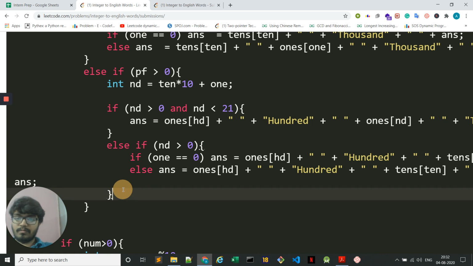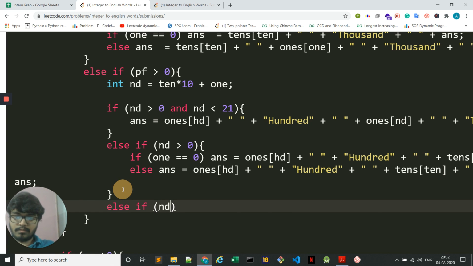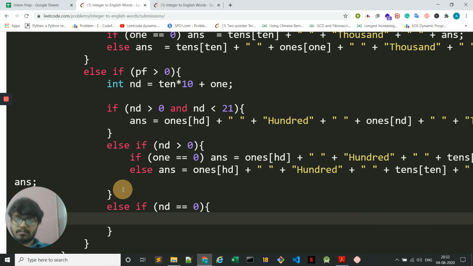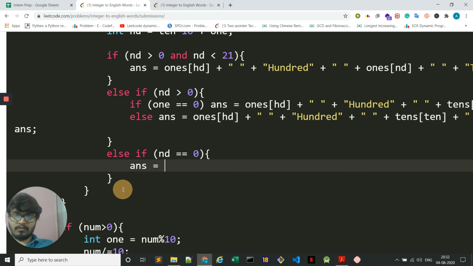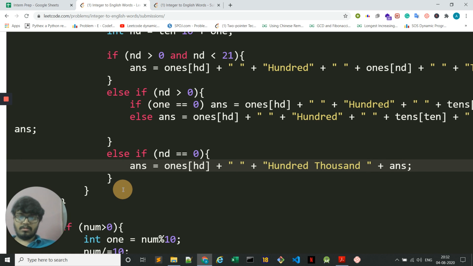So yeah, in that case answer will be equal to 1000, right? 100,000 will be the answer in this case.